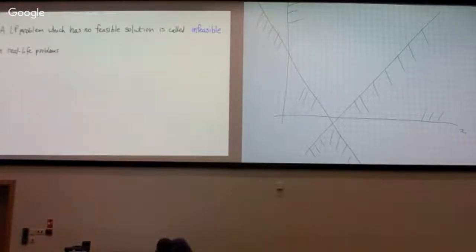Infeasibility usually indicates something like this. For example, you were making your model and writing your constraints, and you did something wrong. So an error when writing the constraints.